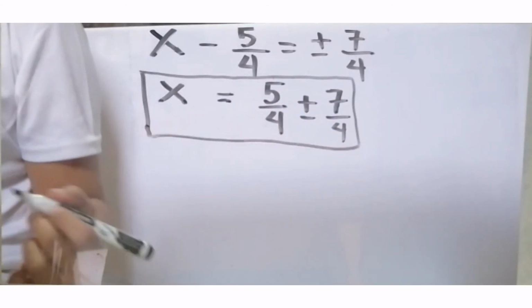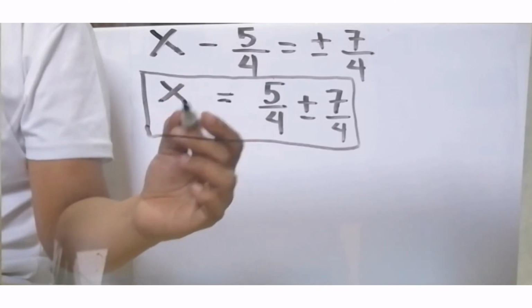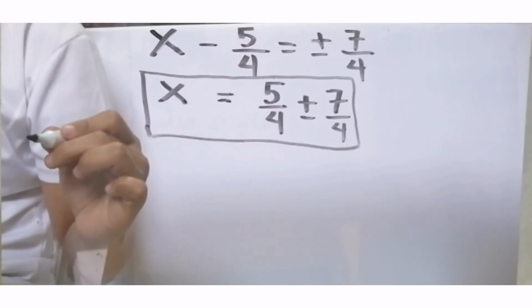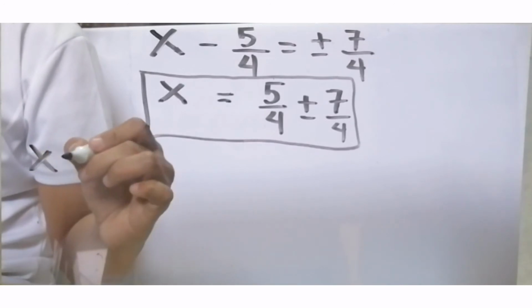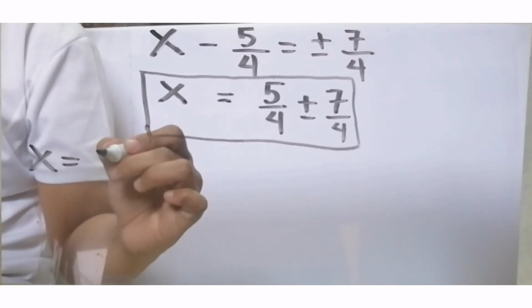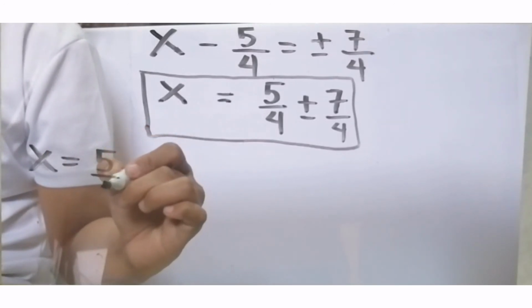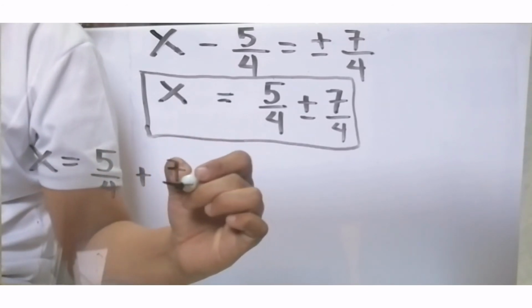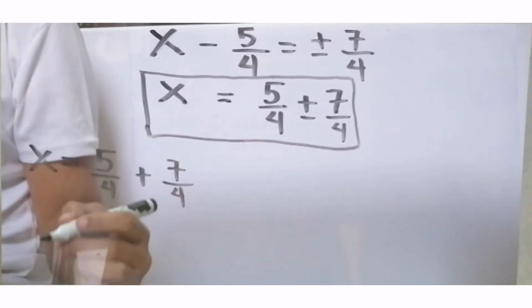Okay. So, ngayon, hanapin natin yung actual values ng ating x. So, dalawa. Lagay natin dito yung isa. X equals 5 over 4 plus 7 over 4.